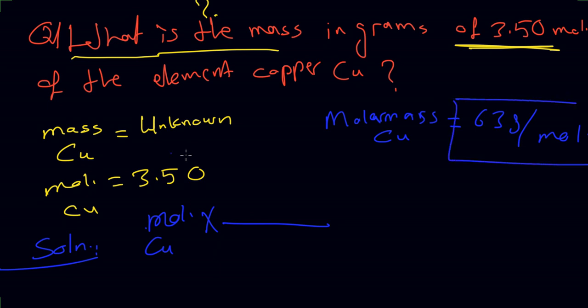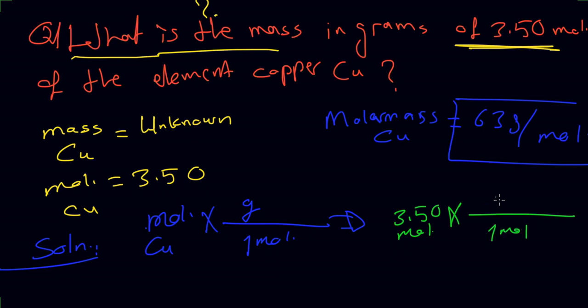and make a conversion factor between these given information. So mole is given, so you will write 1 mole here and gram here of copper. So guys, you say how many mole? 3.50 mole multiplied by 1 mole in the denominator, which is 63 gram.